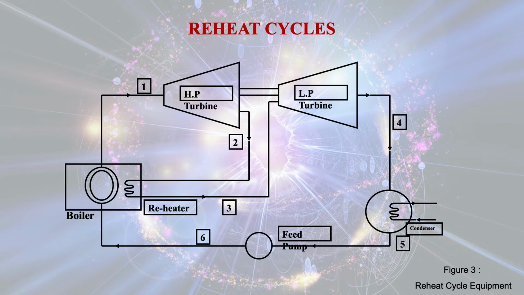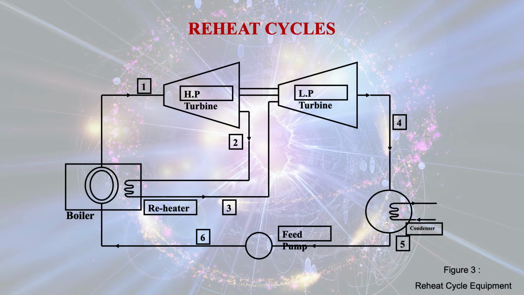Now you see that this is the diagram of the reheat cycle equipment. Here you see the boiler, which is generating high pressure high temperature steam, and point 1 is the entry point of the high pressure high temperature steam into the first turbine.